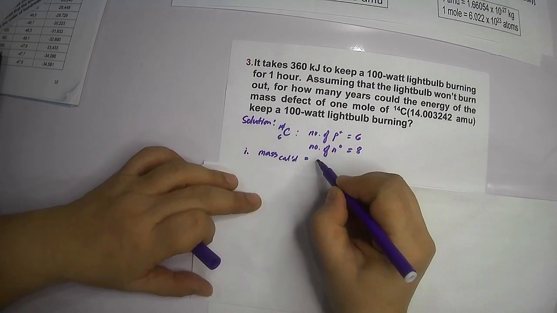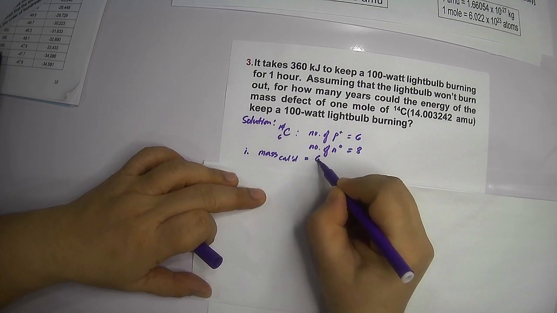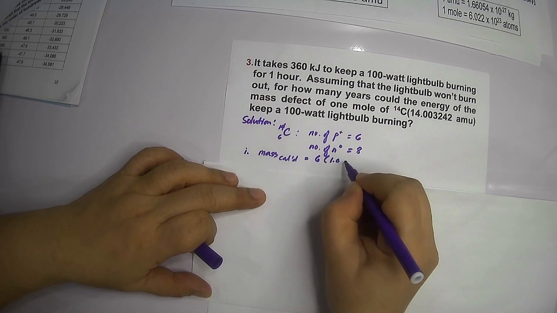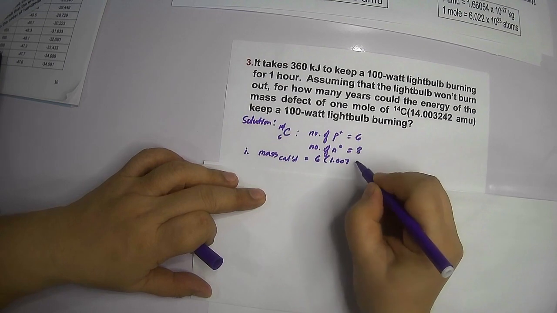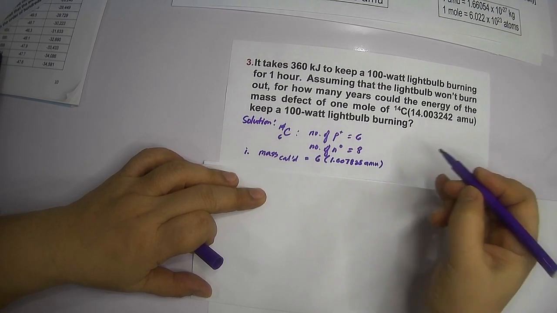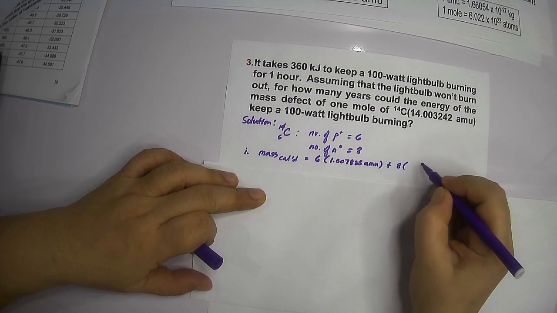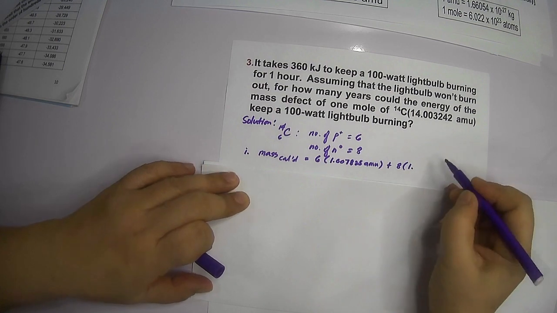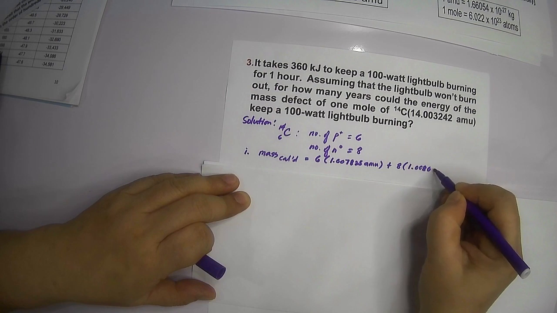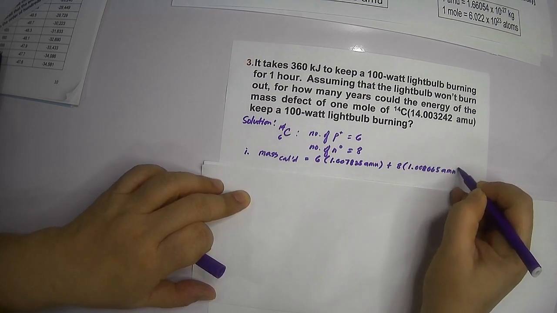That will give us 6 protons times the mass of a proton, 1.007825 atomic mass unit, plus 8 times the mass of a neutron, that is 1.008665 atomic mass unit.